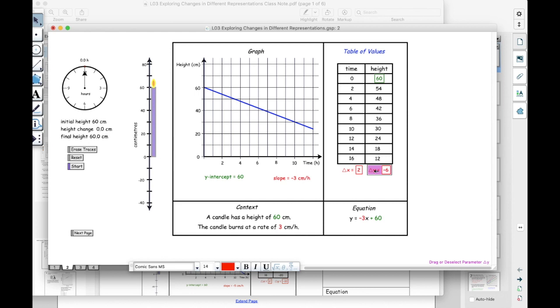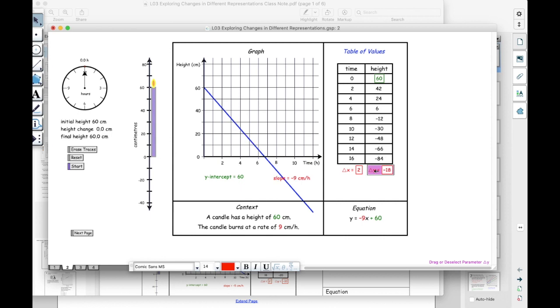So, if we make delta x decrease in value, that means I'm dropping it. It's getting steeper, right? Because the magnitude is increasing. So, notice how the line segment is getting steeper, because the magnitude of the slope is increasing. Now, what happens if I increase delta y?